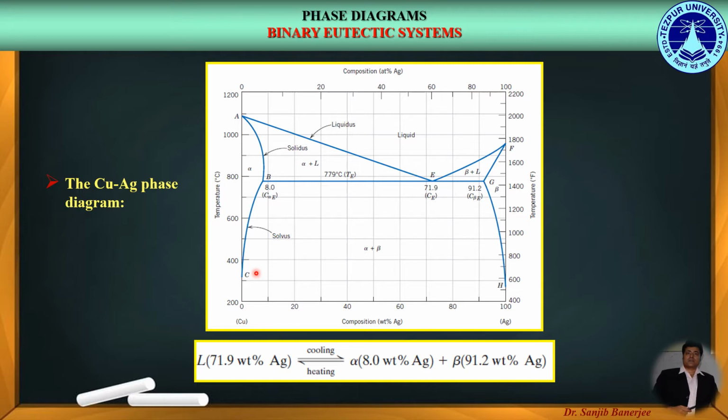So these liquidus, solidus and solvus lines are also present on the right hand side of this phase diagram.